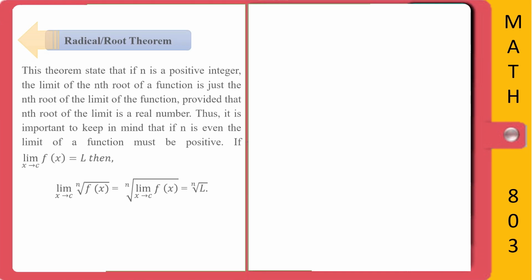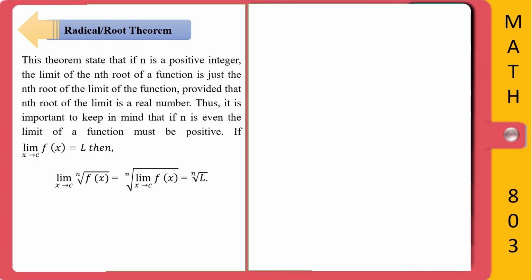Okay, the last theorem will be the radical or root theorem. This theorem states that if n is a positive integer, the limit of the nth root of a function is just the nth root of the limit of the function, provided that the nth root of the limit is a real number. Thus, it is important to keep in mind that if n is even, the limit of a function must be positive.